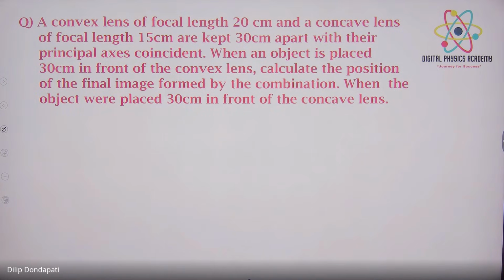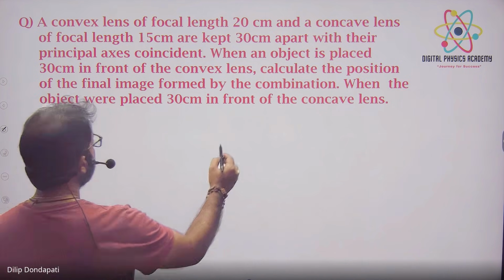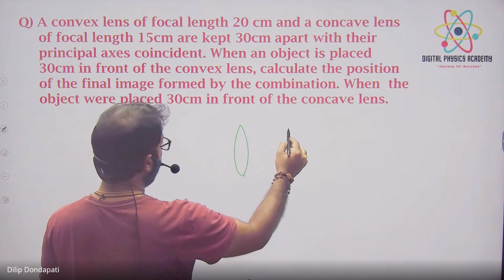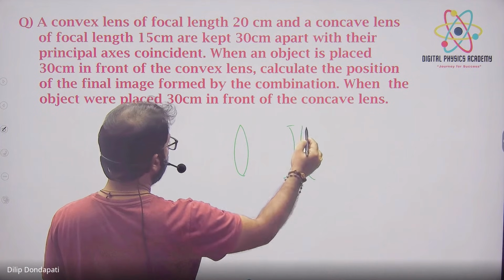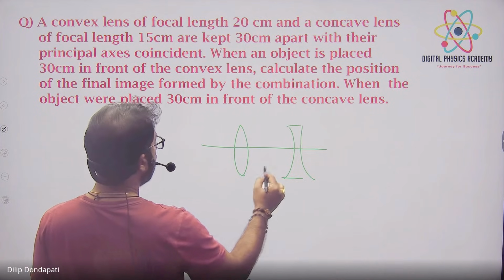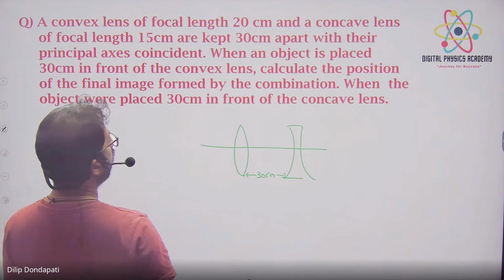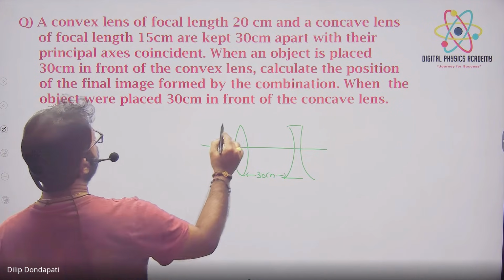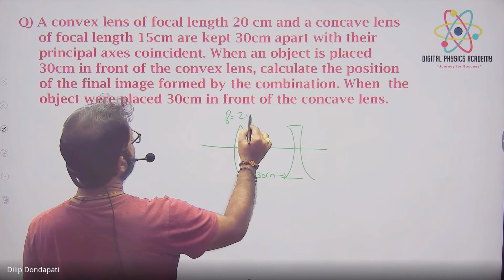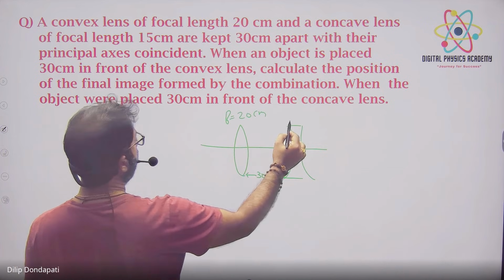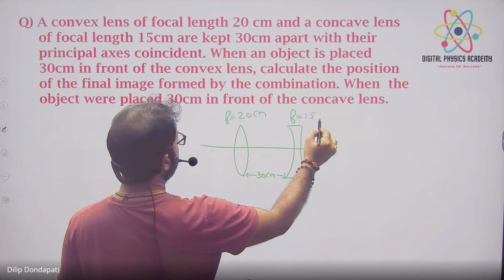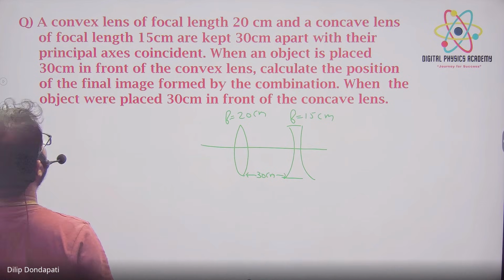A convex lens of focal length 20 centimeters and a concave lens of focal length 15 centimeters are kept 30 centimeters apart. Axes coincide.